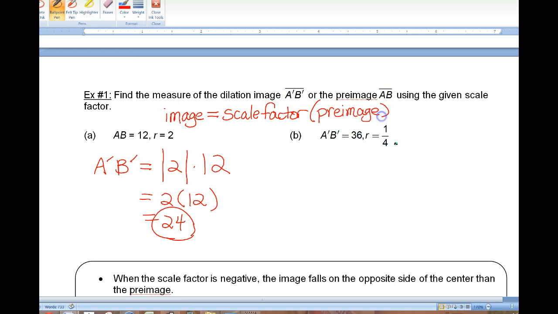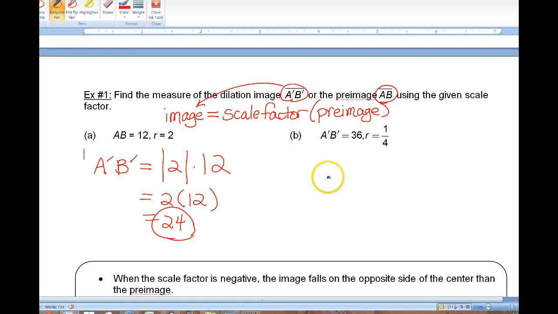The pre-image is what you start with, and the image is the one with the prime, the result. Think of pre-image as what you start with, and then the image is the result. The one with the prime is equal to the scale factor times the original.